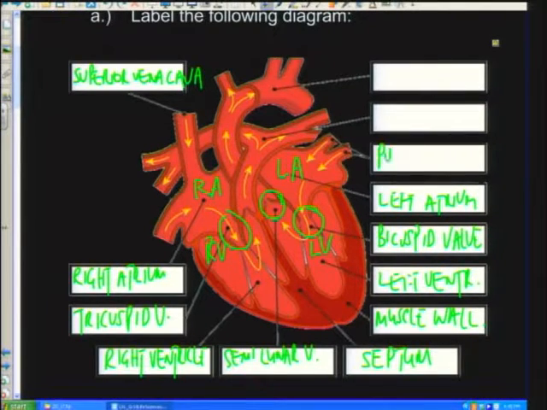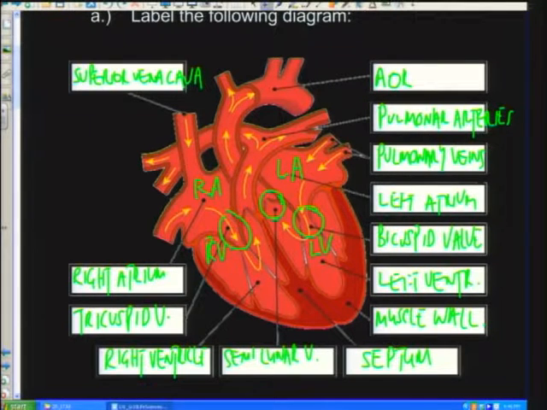That would be the pulmonary veins. And this one here is going from the right-hand side going out. So that will be the pulmonary artery. And this big one here is the aorta. In fact, this particular part is called the aortic arch.